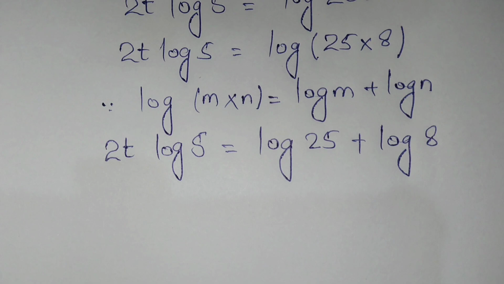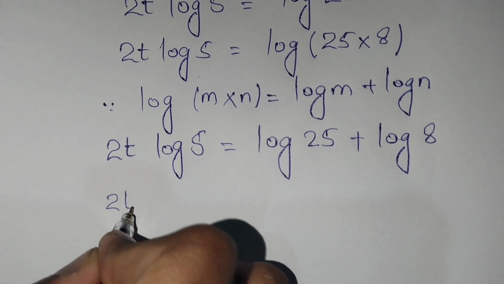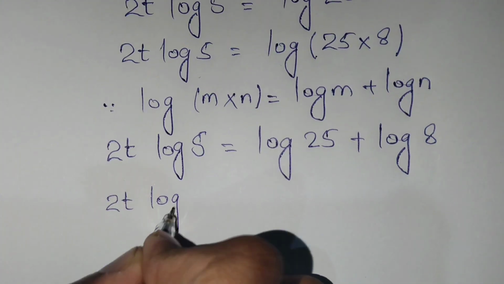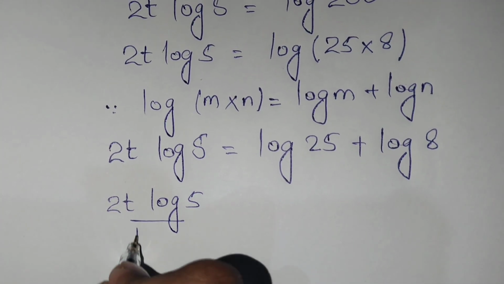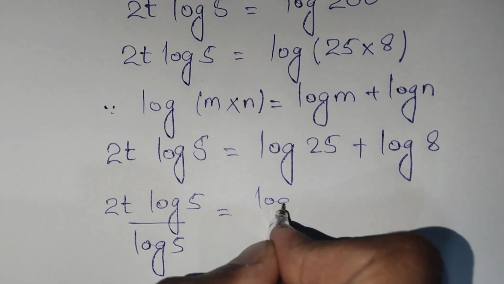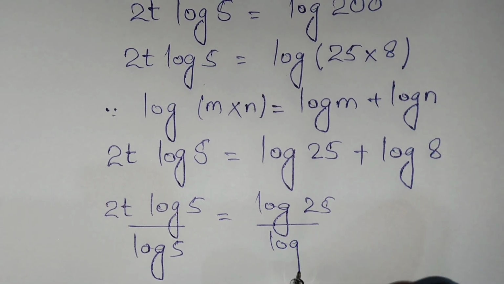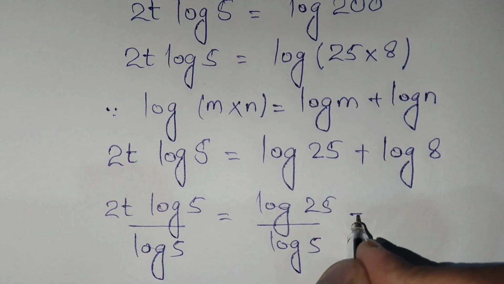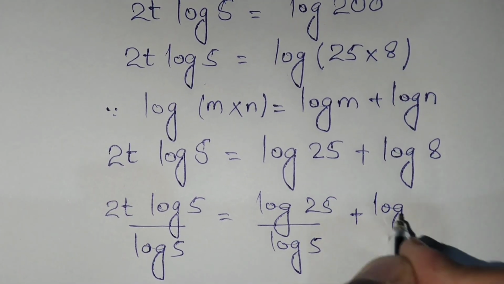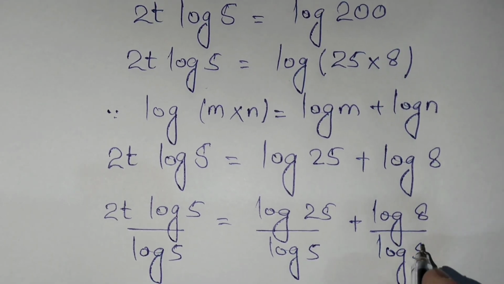Now we will divide both sides of the equation by this log 5. 2t log of 5 over log of 5 is equal to log of 25 by log of 5 plus log of 8 divided by log of 5.